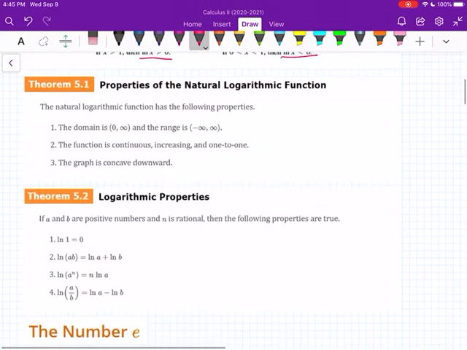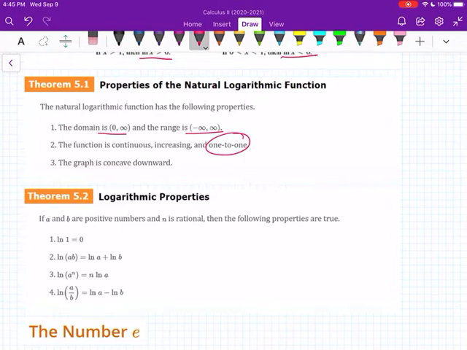Some additional properties of the natural log function are that the domain is all positive real numbers and the range is all real numbers. The next thing is that it's continuous, increasing, and one-to-one. And what one-to-one means is that for every output value, there is only one input that takes you to that output.